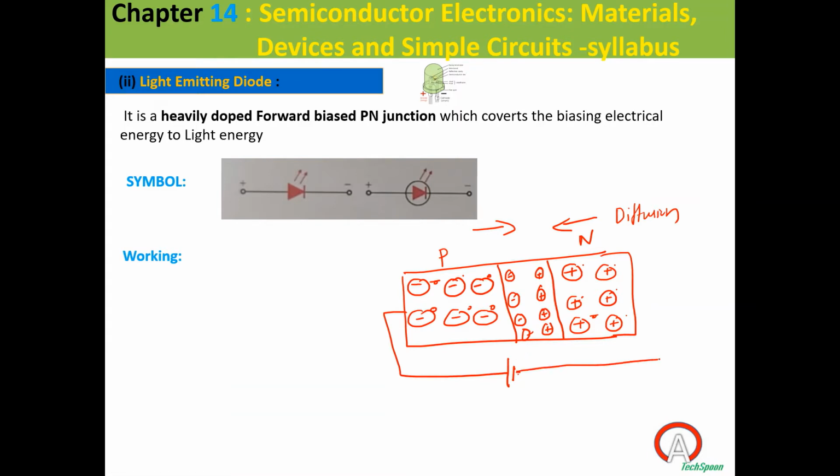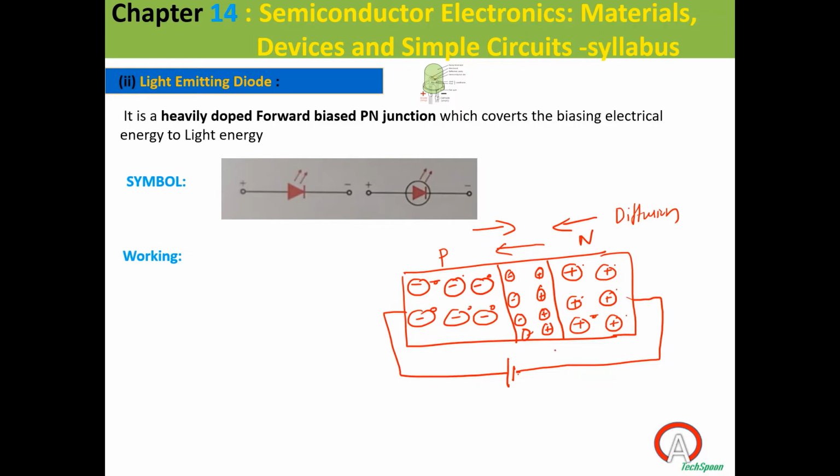I am connecting this as forward bias. What happens? Forward current will happen, right? Because this is positive, this is negative. Here there are a lot of electrons. So the positive and negative charges will repel these majority carriers, and these majority carriers will cross this barrier. Then we will get a forward current.